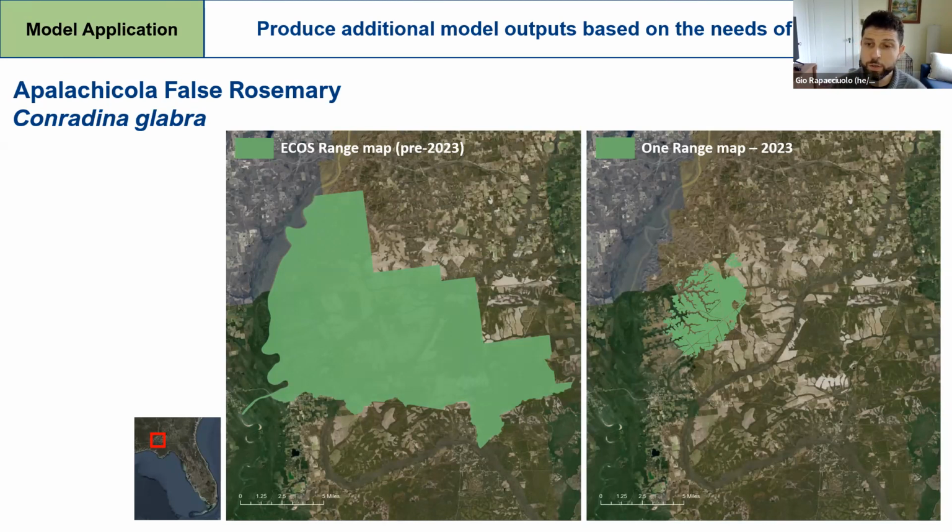And so you can see we used the model output here to update that ECOS range map into a new range map, which is now the map you will find for the Apalachicola False Rosemary if you were to visit the ECOS website or run any analyses in IPAC, for example.